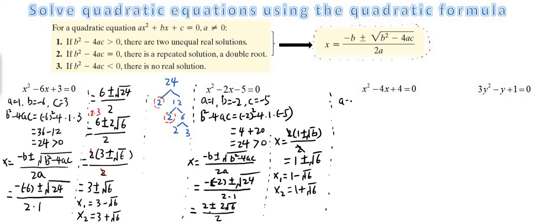Write down the A, B, C, and the b squared minus 4ac equals, b equals negative 4, minus 4 times 1 times 4, and the negative 4 squared is going to be 16, and negative 4 times 4 is negative 16.